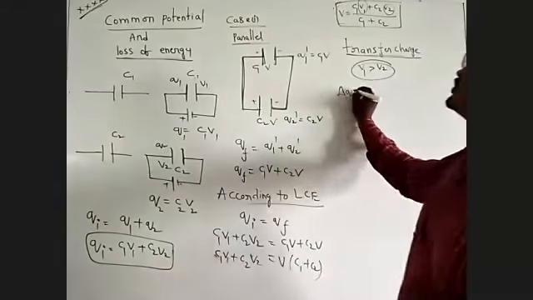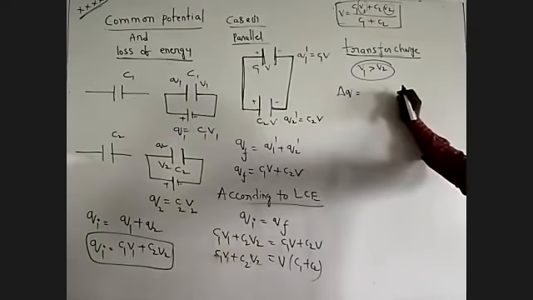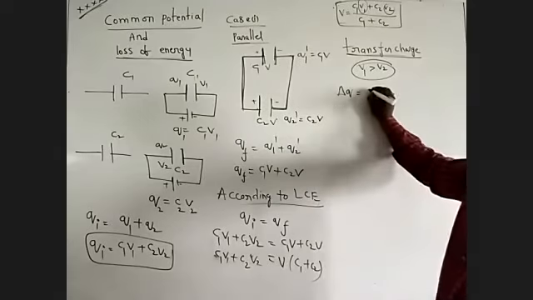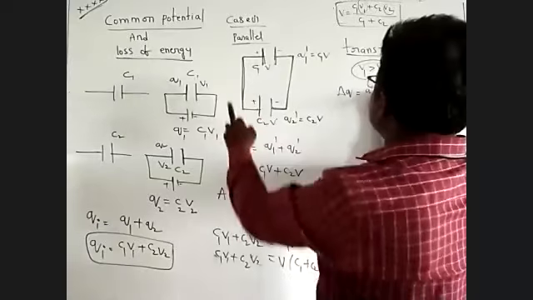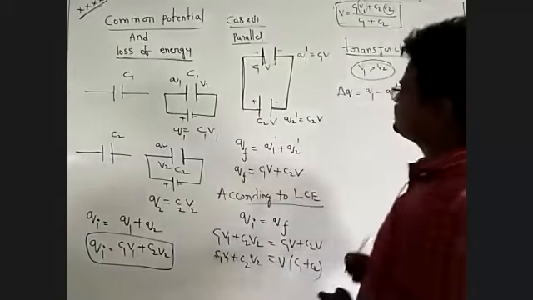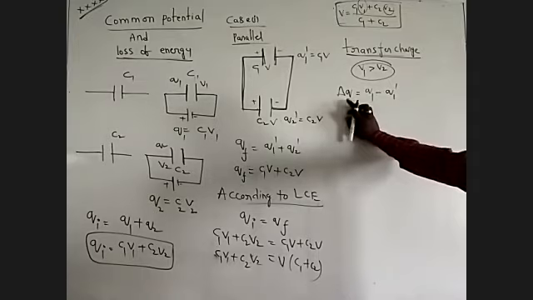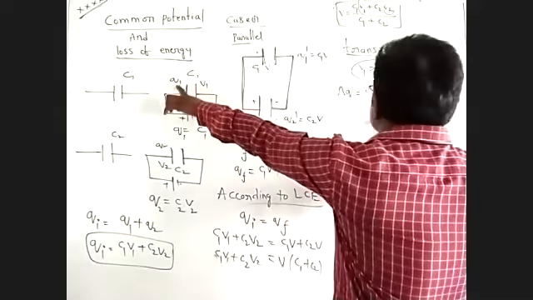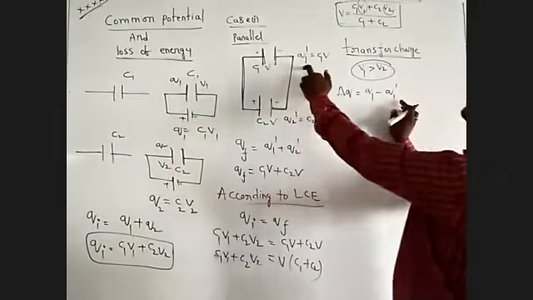How can you write the change in charge? The change in charge can be written with two equations. One: since V1 is greater, the change in charge is Q1 minus Q1 dash. This charge is greater than this charge.